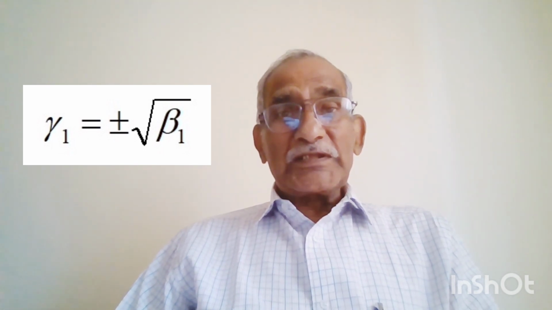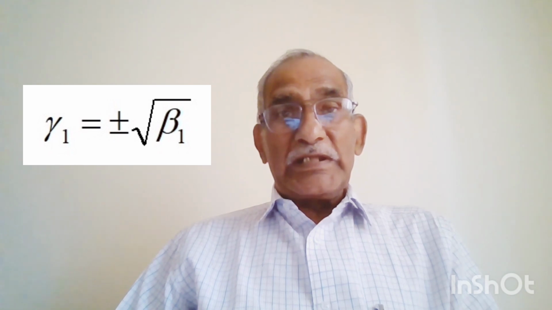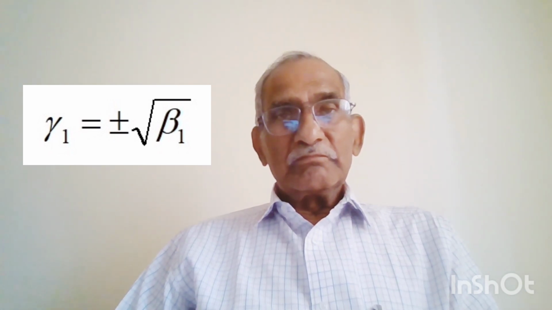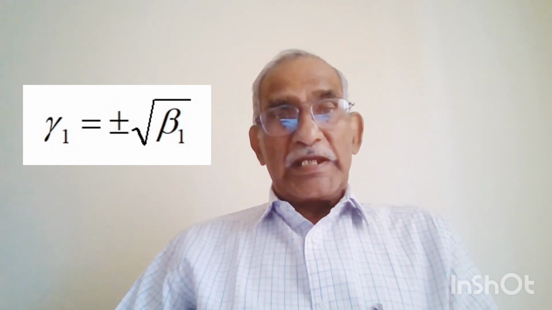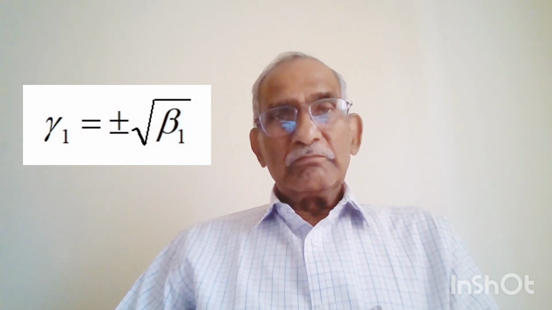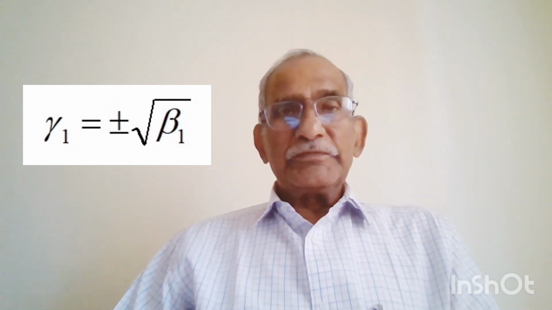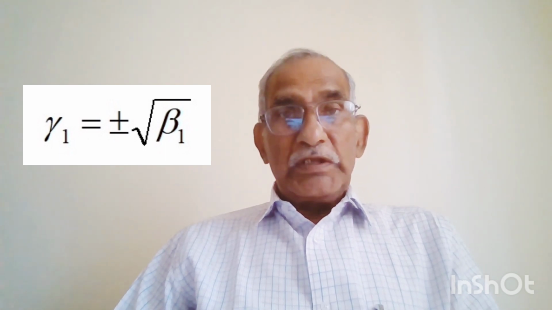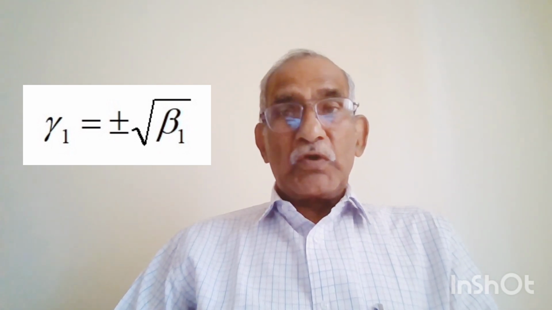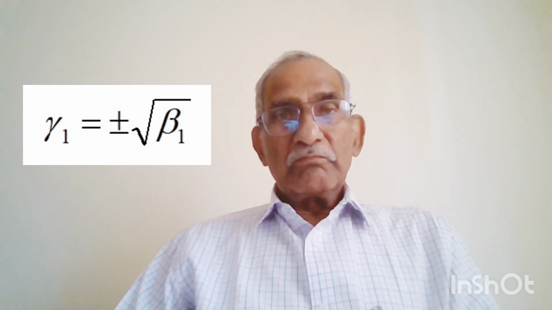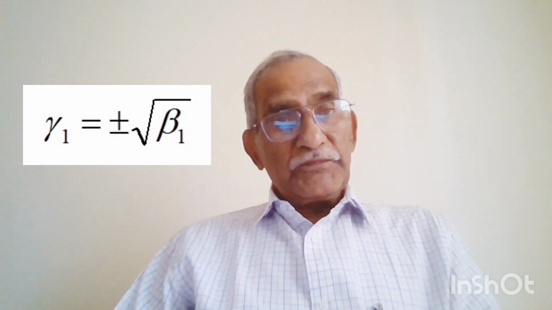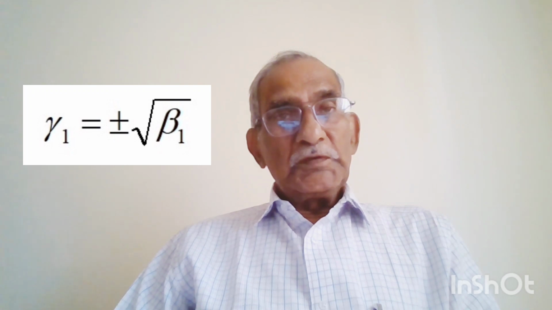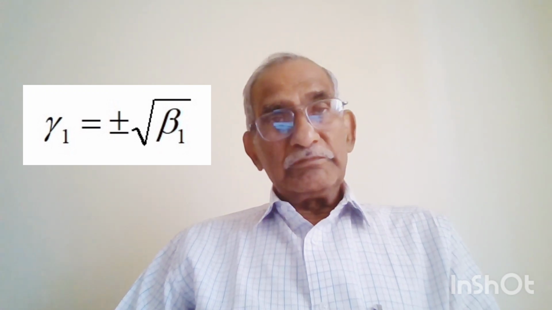So even if the third central moment is negative, that is, skewness is negative, beta 1 would be positive. So we take the square root of beta 1, which may be positive, which may be negative.